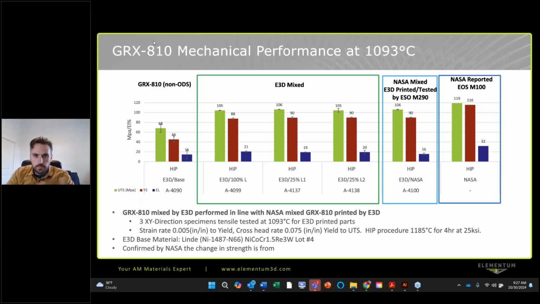So we're seeing yield strengths and elongations very similar to what NASA was showing, with about 20% elongation compared to 15% elongation, and you can likely see about 105 to 106 ultimate tensile strength.